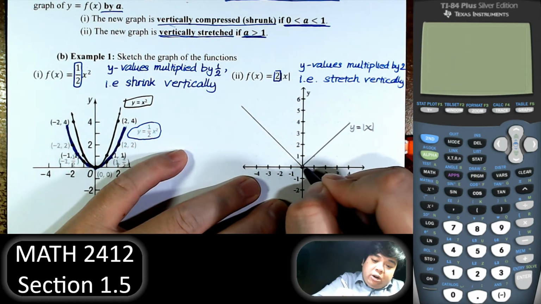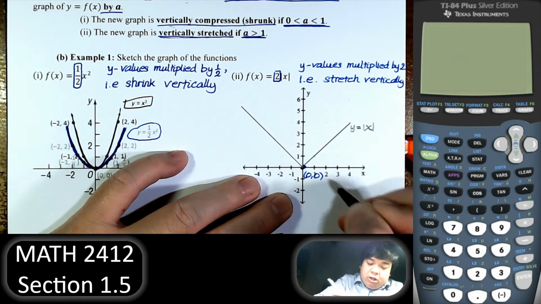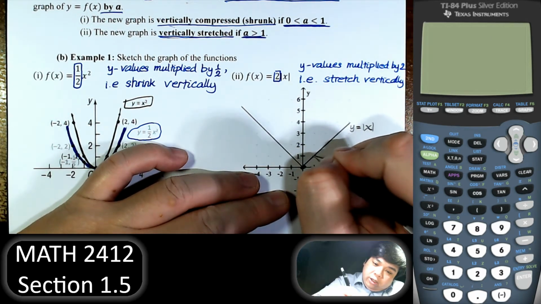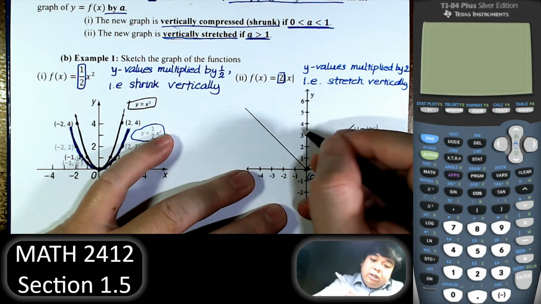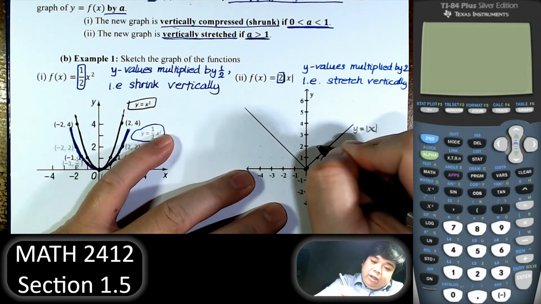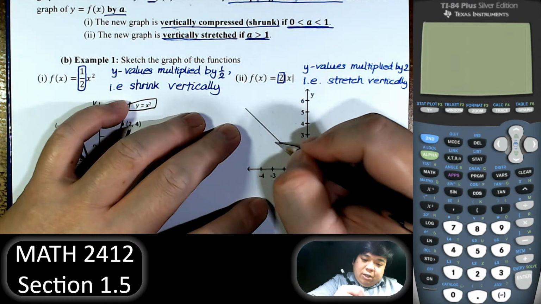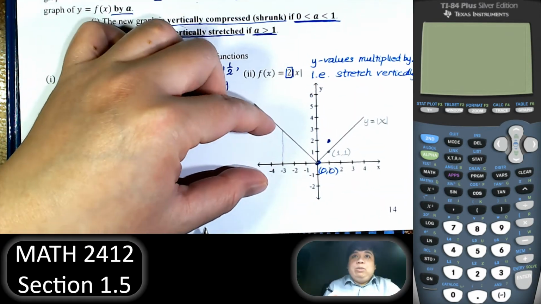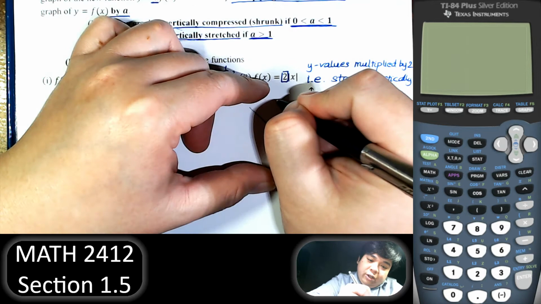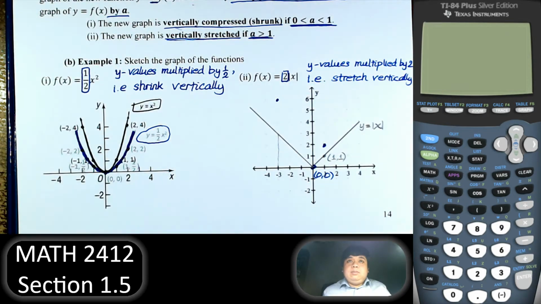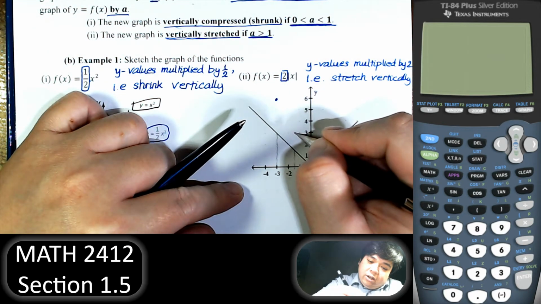Of course, by 2. So, let's see. We have the point (0, 0). The y value multiplied by 2 is still (0, 0). Now if we have the point, say (1, 1), the y value will multiply by 2, so it will be (1, 2). Now we don't have to do that for every point. Let's say we have this much, that will be the y value, the vertical distance. It's going to be twice as long. So whatever we have as the y values, it's going to be twice as long.